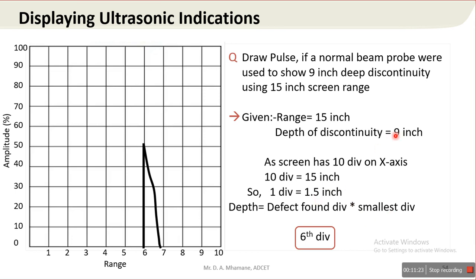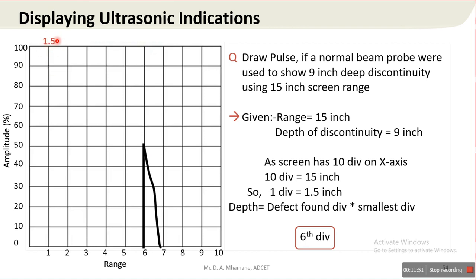So 9 divided by 1.5 gives us 6. So the echo comes on the 6th division. This is the answer. So on this screen, the 6th division is here. So we draw the pulse on this 6th division.